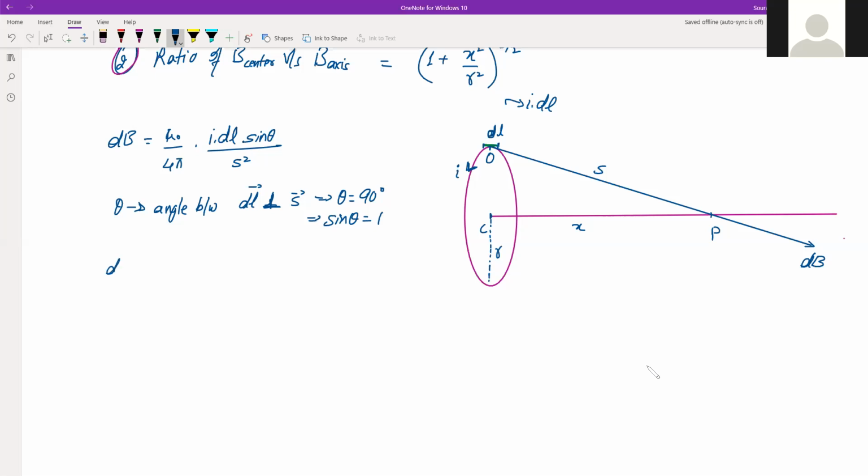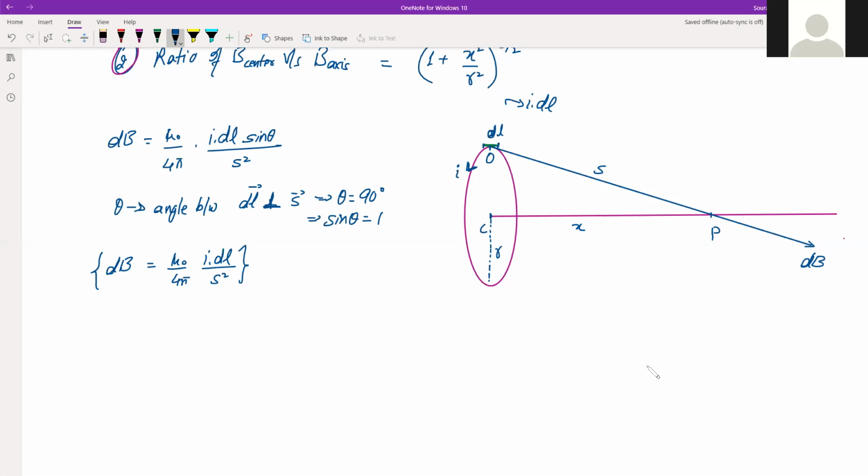So this dB magnitude is equal to mu naught by 4 pi, I dl, sine theta is gone, divided by S square. This is the magnitude of dB, and here you see the direction in which dB will be.